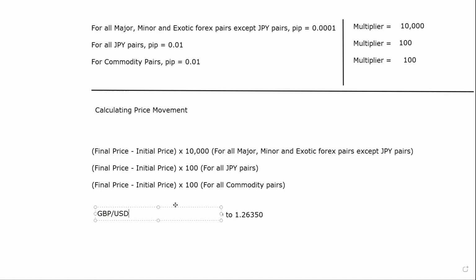So the price of GBP USD moves from 1.26300 to 1.26350. We need to first figure out what is the final price and what is the initial price. So how are we going to do that? This one is the initial price. This one is the final price. That's it. So we're going to do this as initial price.